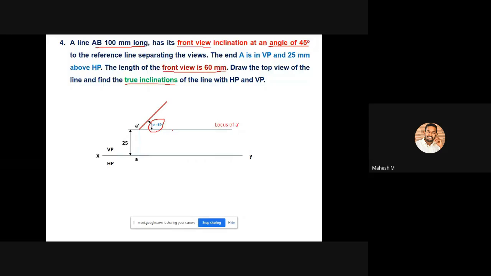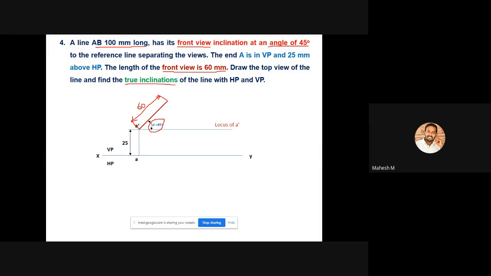So the notation is alpha. Okay, and the length of this front view is 60 mm. So you can create a 45 degree inclined line with a length of 60 mm. So the line will be called the front view. Normally for front view we mark the notations A dash and B dash.